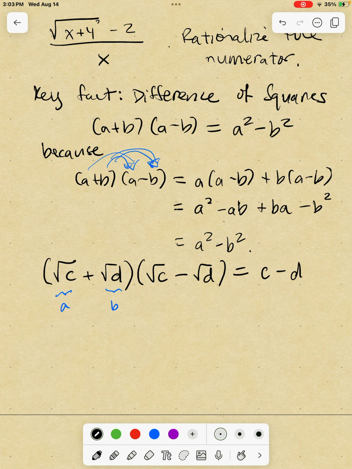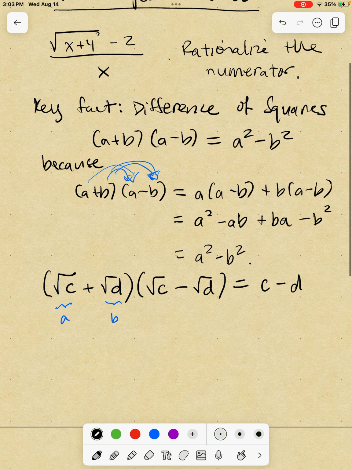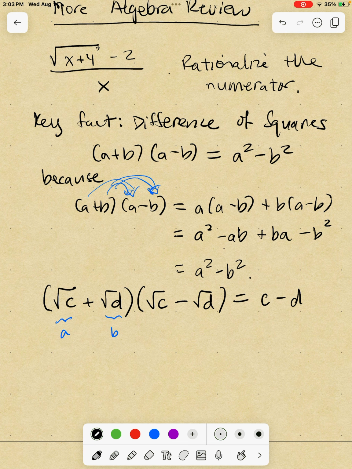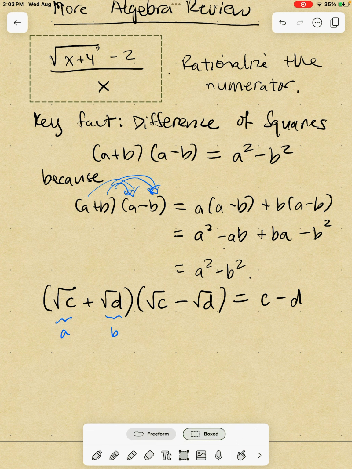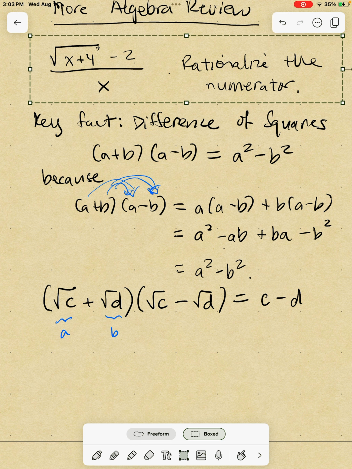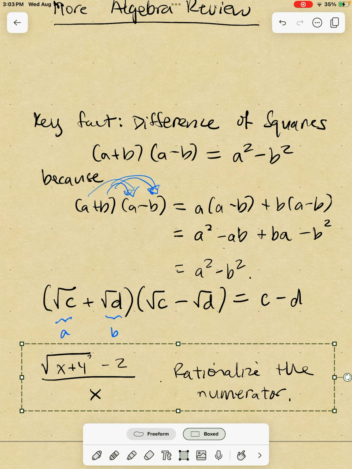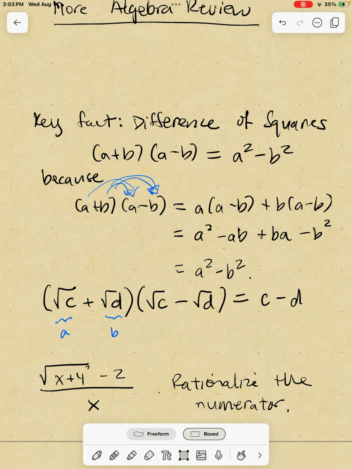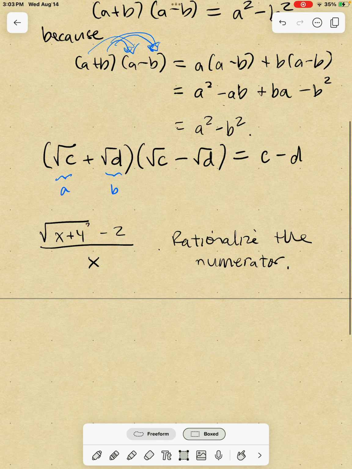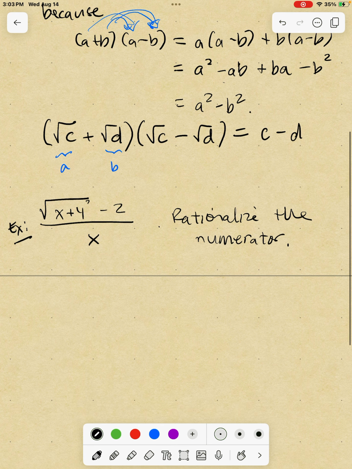Okay, so going back to the original problem, maybe I'll box it and move it down here. There we go. Example.